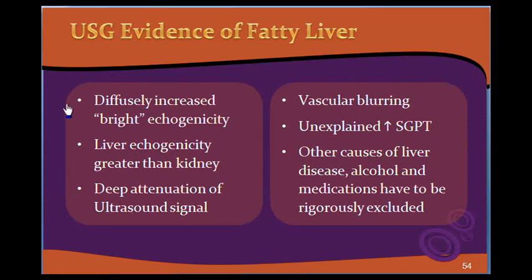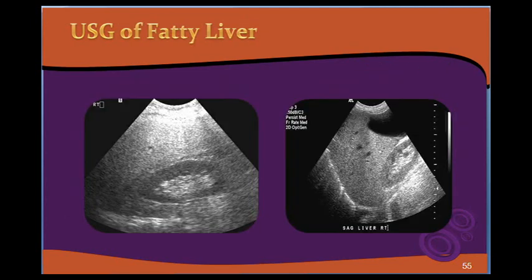So, remember, hyperechoic bright liver shadows greater than the density of the kidney parenchyma, deep attenuation of ultrasound signals and vascular blurring. In the next slide, we will see a few ultrasound pictures of fatty liver.